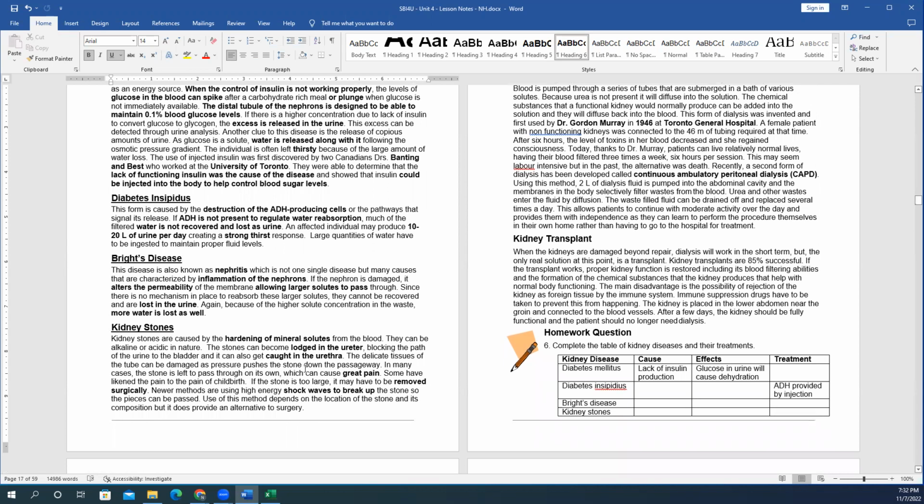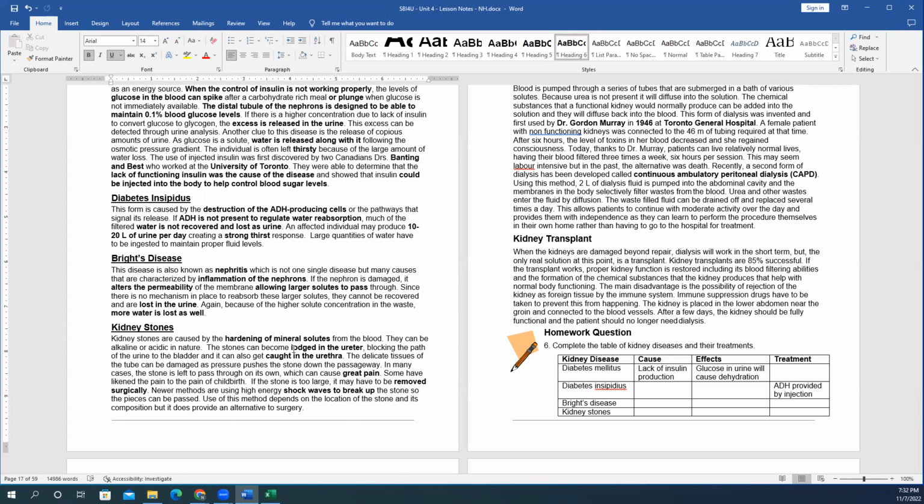Kidney stones are also another form of kidney disease. These are caused by the hardening of mineral solutes that are present in the blood. Those minerals, present in the form of a solute in the blood, might harden in the kidneys.